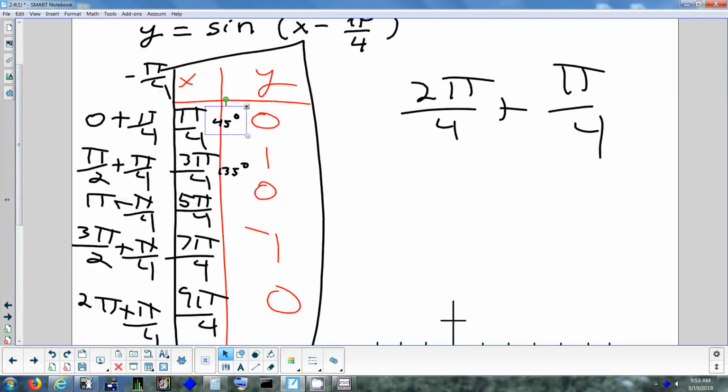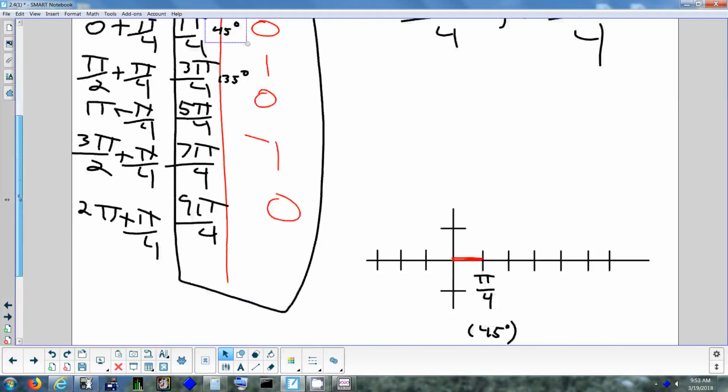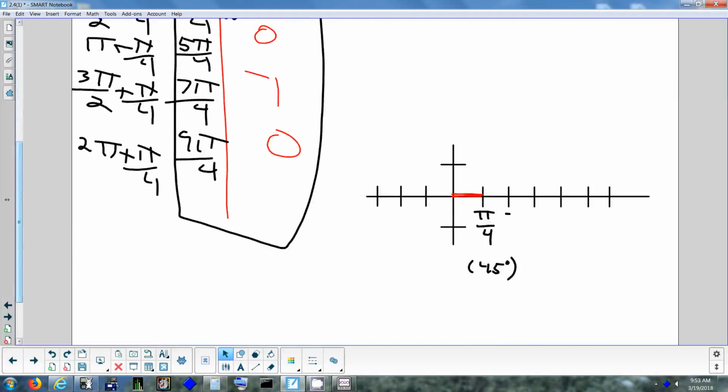Yeah, it's 90 away. So you cannot put 3 pi over 4 here. Don't do this. If you do that, pi over 4 and 3 pi over 4 is 90 degrees apart, but you made each gap worth 45. So 3 pi over 4 has to go here. That usually only happens when you're dealing with the pi over 4s.